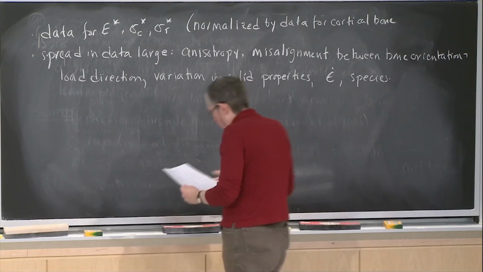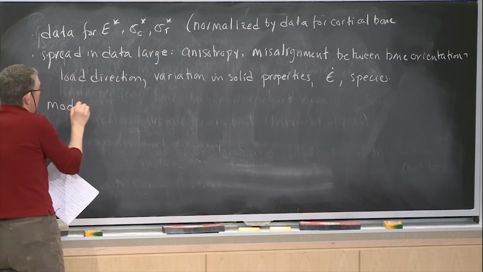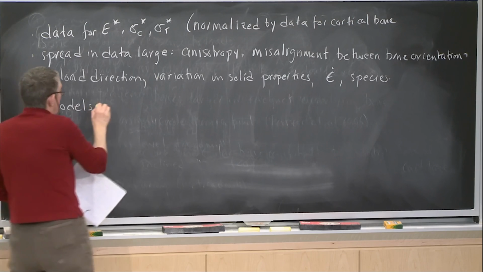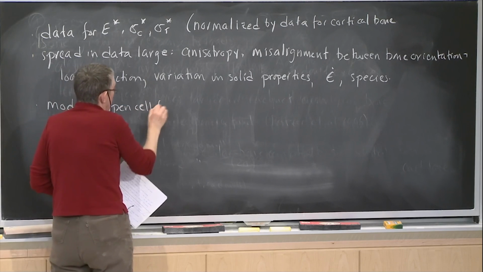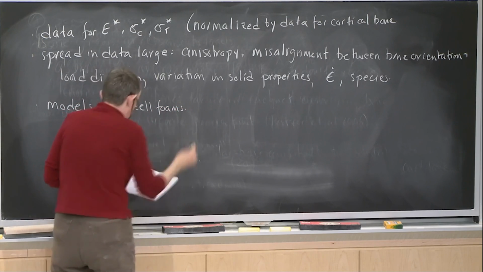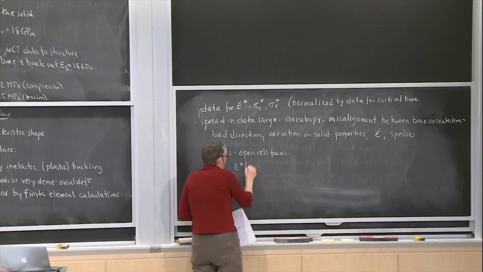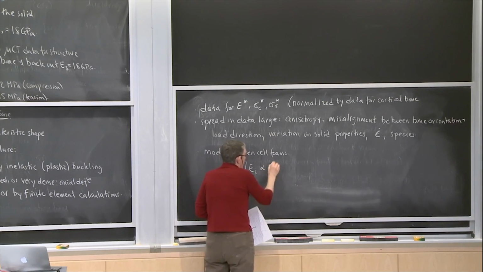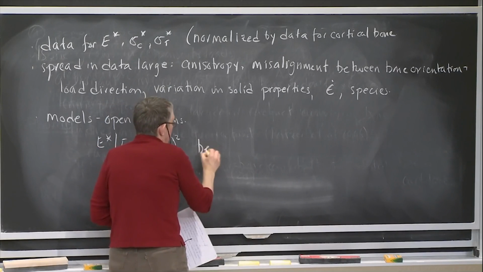So these plots put a lot of data together. And then the lines are based on models for open cell foams. So the relative modulus goes roughly as the relative density squared, and the cell walls are bending.